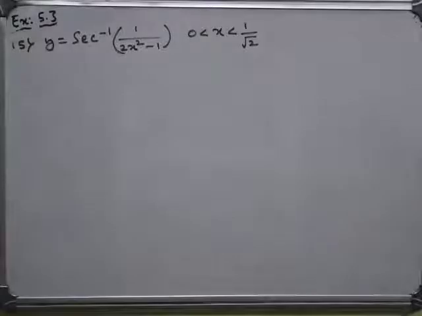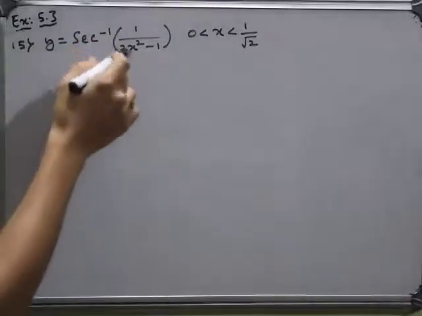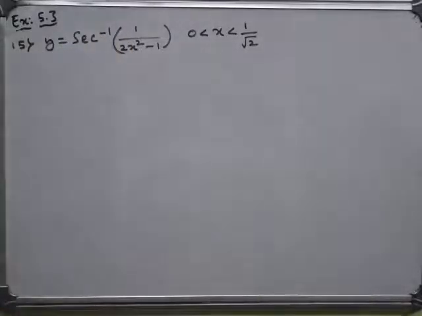So what can we do? Here we have secant. So here we should get either cos, or if we get secant, it is well and good. If we don't get secant, at least you should try to get cos, because 1 by cos is secant theta. So in this given problem itself, there is a hint. What you have to put: let x equal to cos theta.